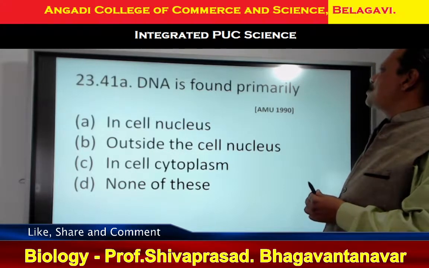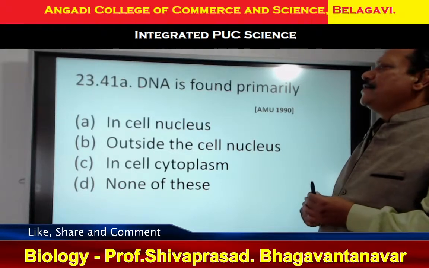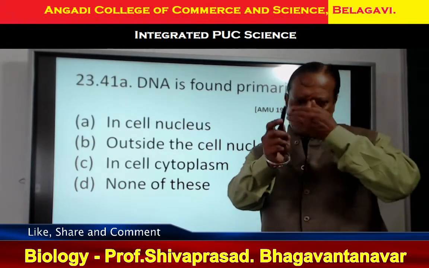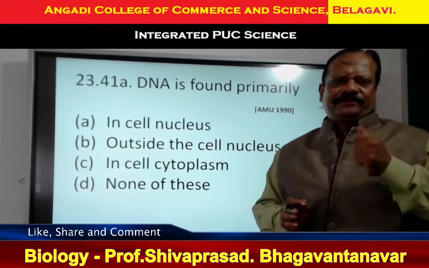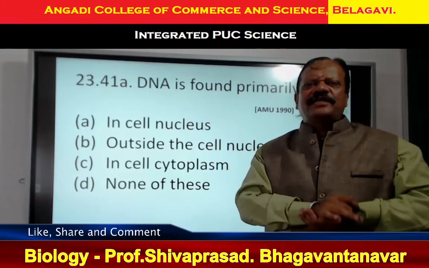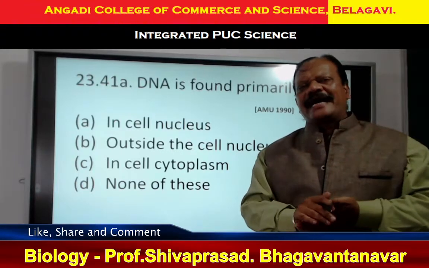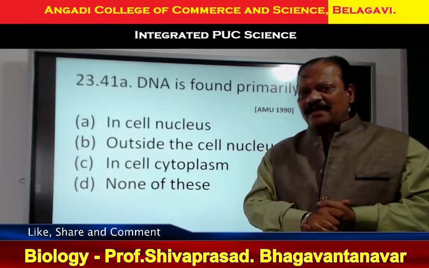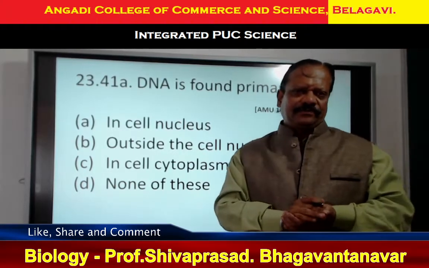DNA is found primarily where? Okay, so I'm telling you, you know the cell. The cell contains a big rounded ball inside, and that is called the main switch of the cell. It is nothing but the nucleus.